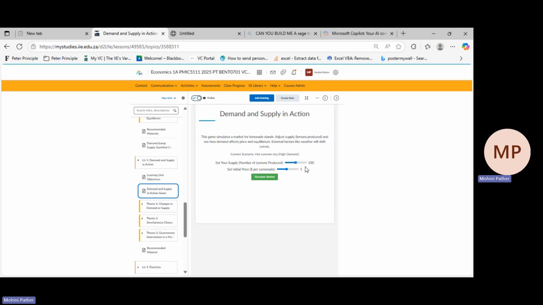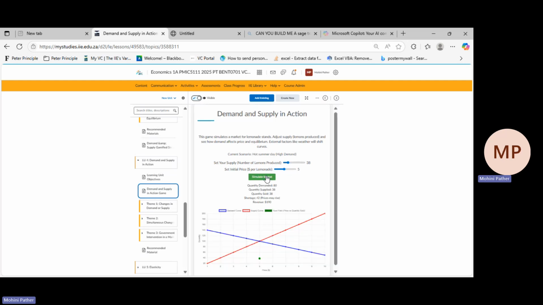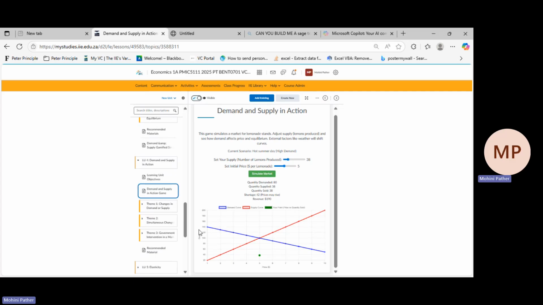Okay, here again is a different variation. So this is demand and supply in action. In this game, we've simulated a little lemonade stand. You can see how you set your supply and your original price, and you can see how your market is being impacted and what your demand and supply curves would look like.